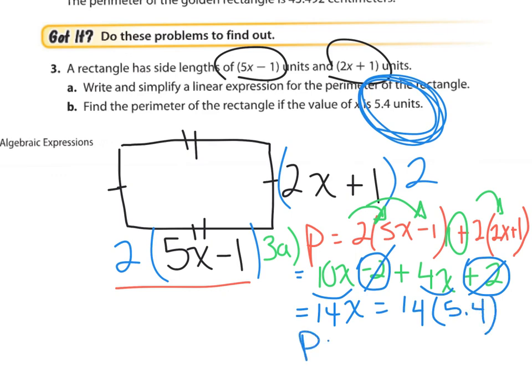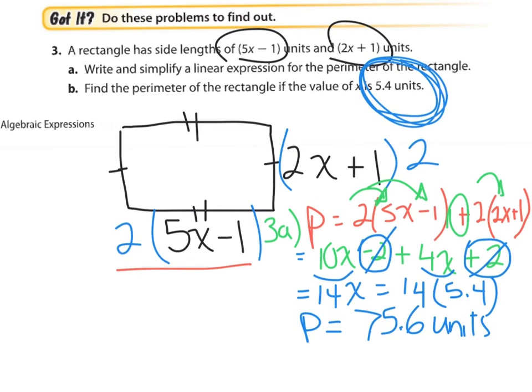Therefore, our perimeter is equal to 75.6 units, right? And that is our perimeter, okay?